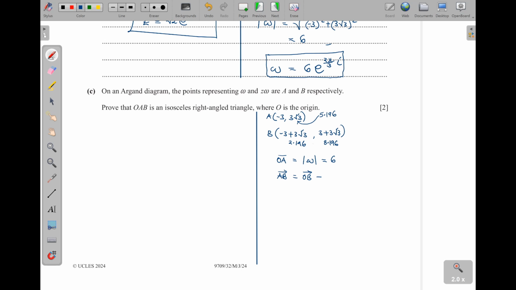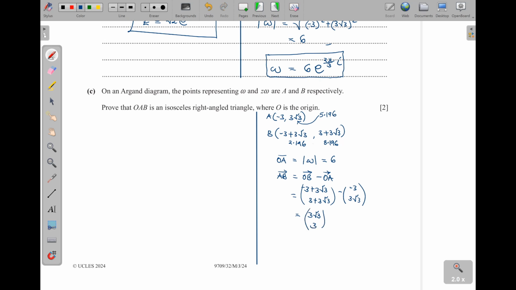So OB minus OA: the y is negative 3 plus 3 root of 3, and the x, the real, is 3 plus 3 root 3, minus negative 3, 3 root of 3. When we subtract them, we get 3 root 3 here, and 3 down here.